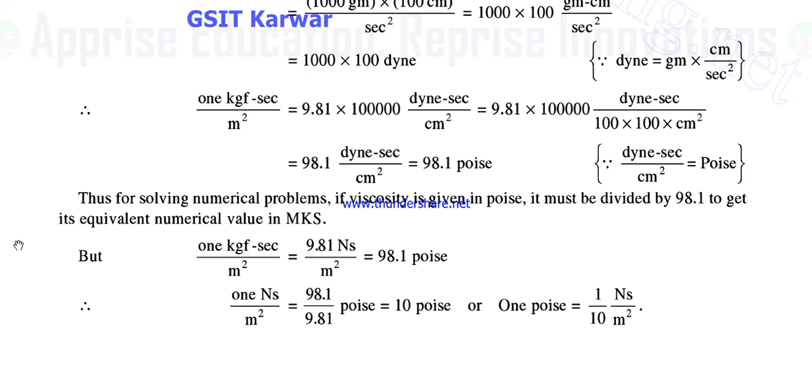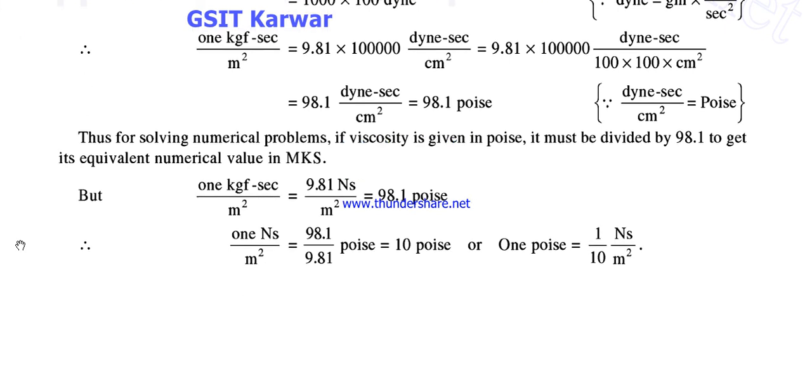Thus, for solving numerical problems, if viscosity is given in poise, it must be divided by 98.1 to get its equivalent numerical value in MKS. 1 kgf second per meter square is equal to 9.81 Newton second per meter square, which is equal to 98.1 poise.